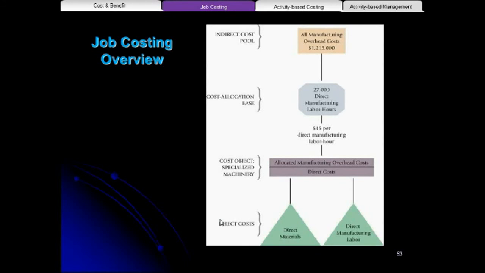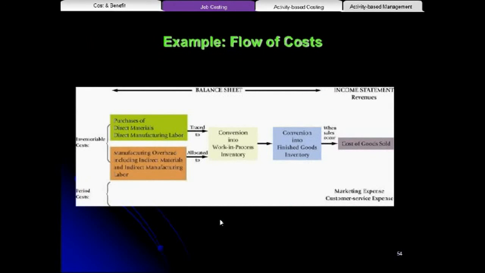And so we have the flow of costs where you're purchasing materials, you've got your overhead, and they are traced. The direct materials and labor are traced to a particular cost object in the work in process inventory. The actual manufacturing overhead is allocated into work in process inventory, and then it's converted into finished goods inventory, and then when sales occur it goes into cost of goods sold.